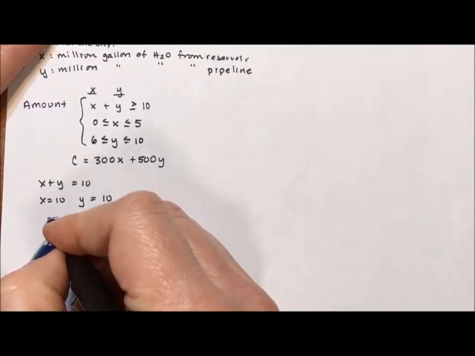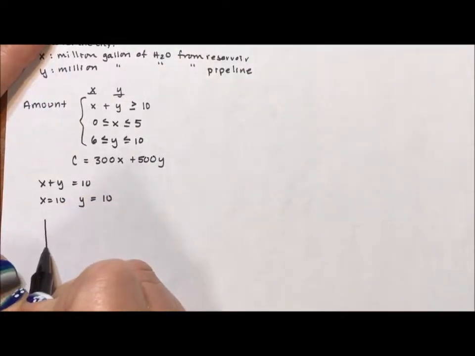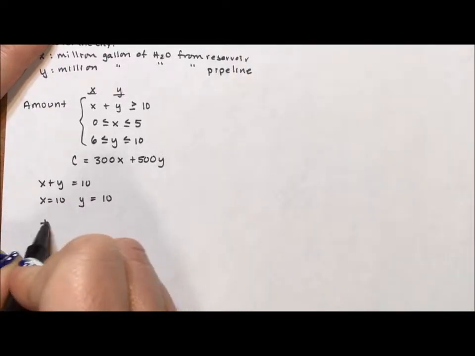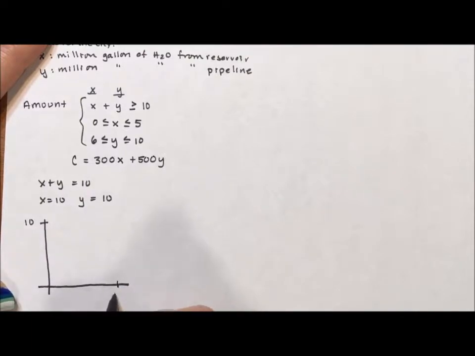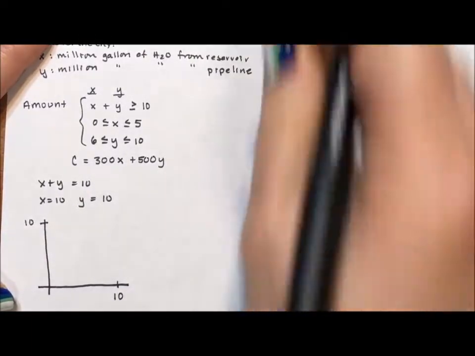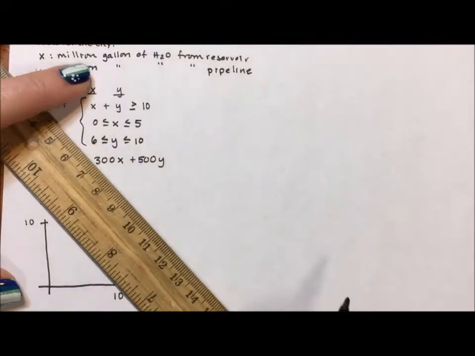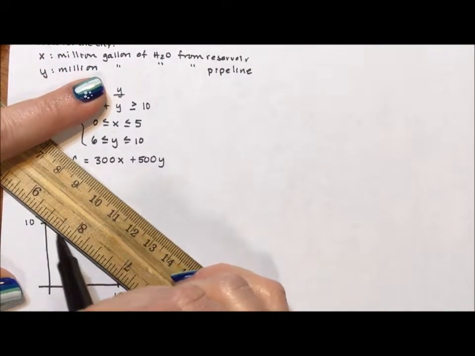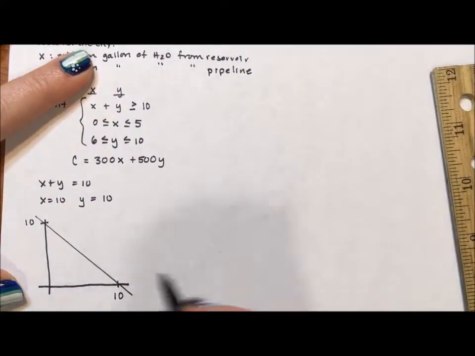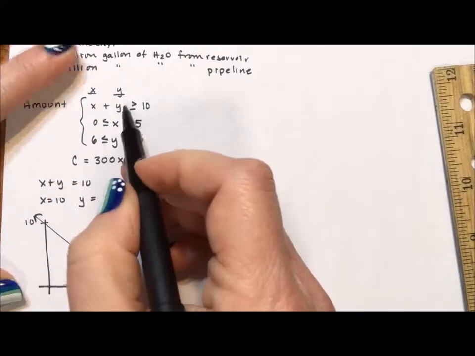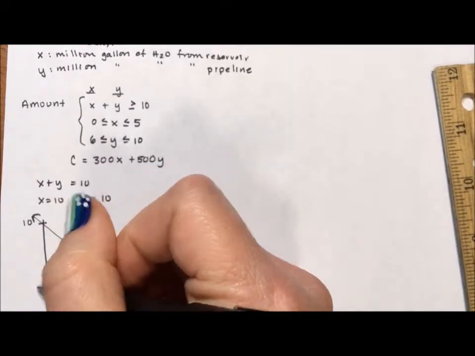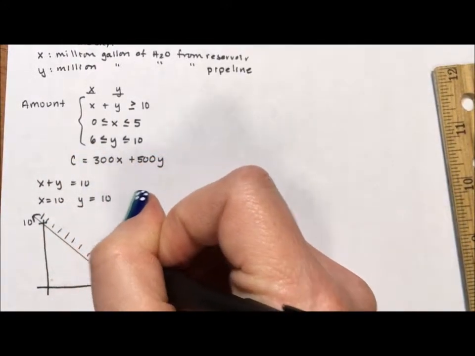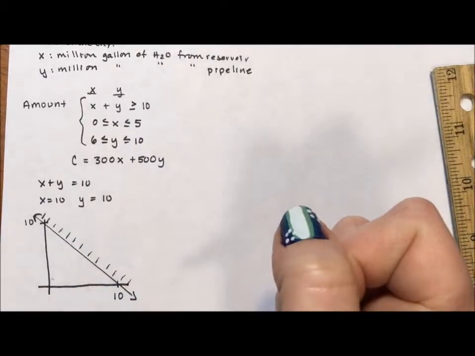So if I give myself a basic sketch, 10, 10, this is going to be my first line. Now what it says is that we have to be bigger than this. We're not going to 0 gallons of water. We have to be above this line. So we have to be that way of the line.